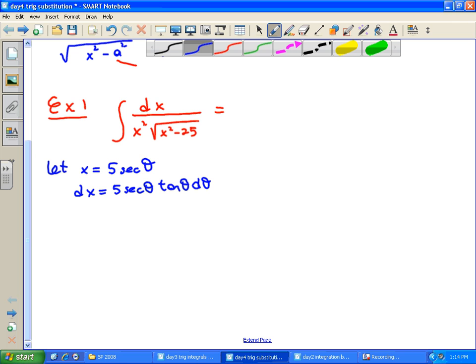So we're going to go back to our original integral and rewrite everything now in terms of theta. So instead of dx, I'm going to place 5 secant theta tangent theta d theta and divide everything on the bottom by, okay, we need 2 expressions. First of all, for x squared, what should I be writing?